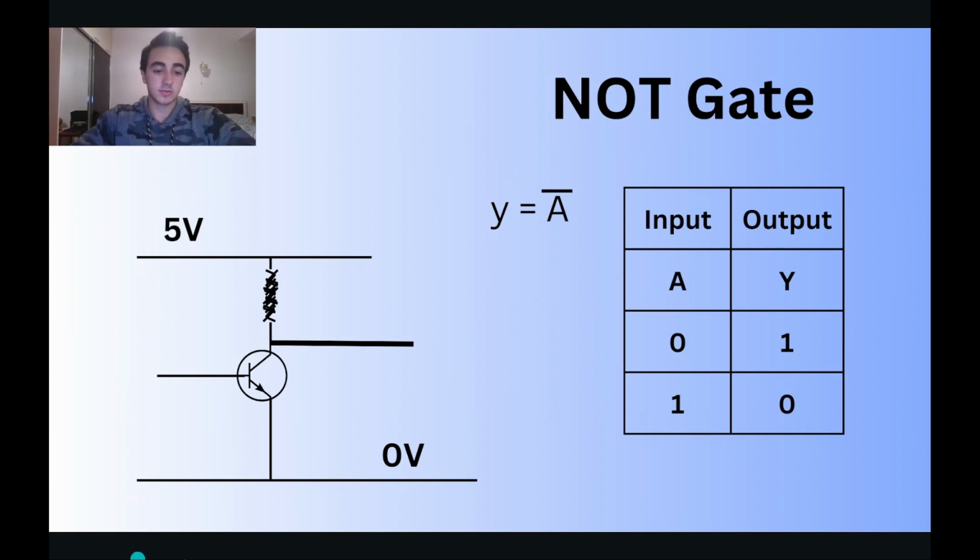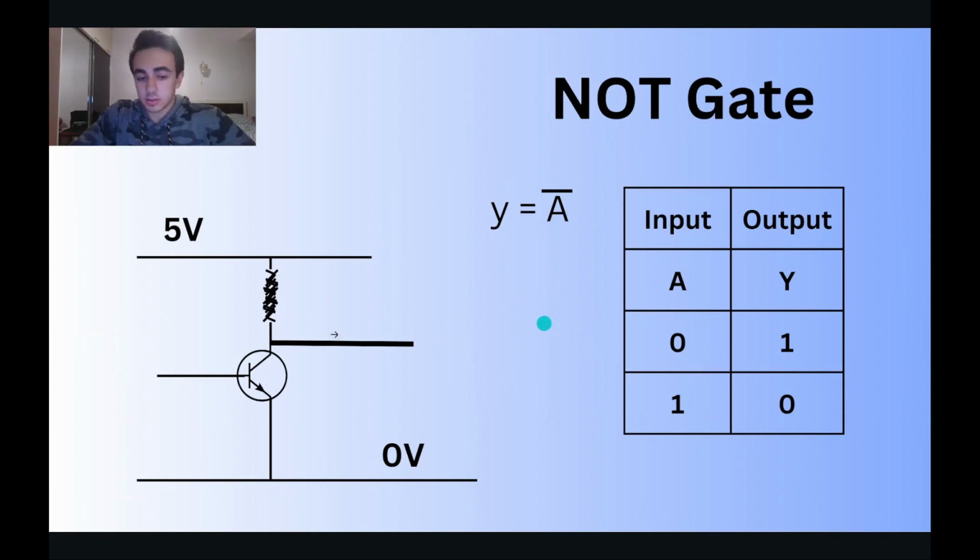So let's review this circuit. Here we have 5 volts on the upper side, and after it we have a resistor. The output is taken before the transistor, the input goes to the transistor, and it comes to the ground, which has zero voltage. So in this configuration, let's review the cases one by one.